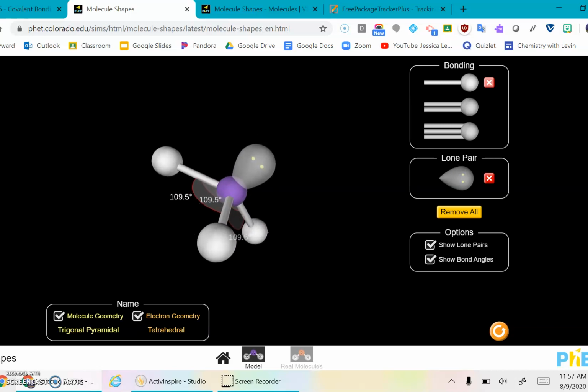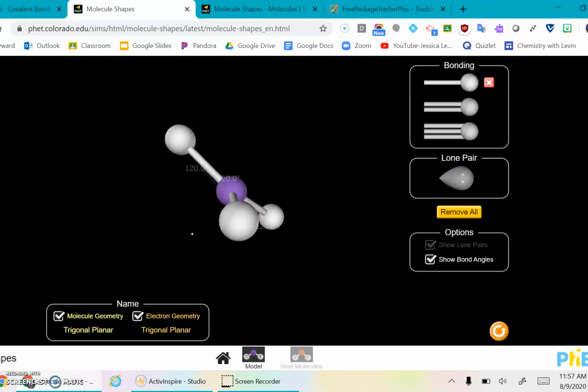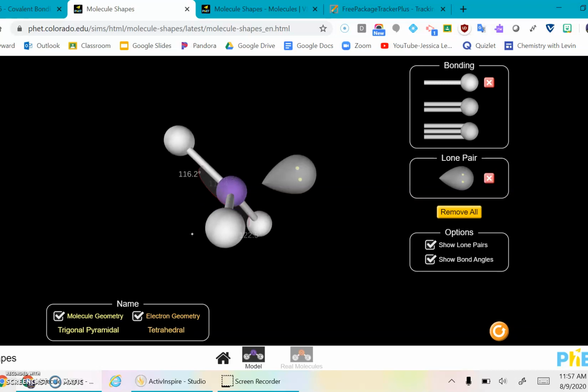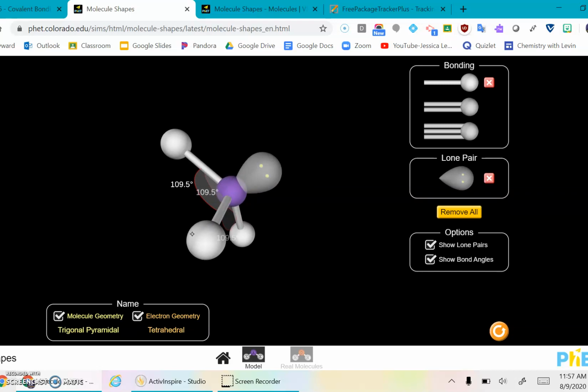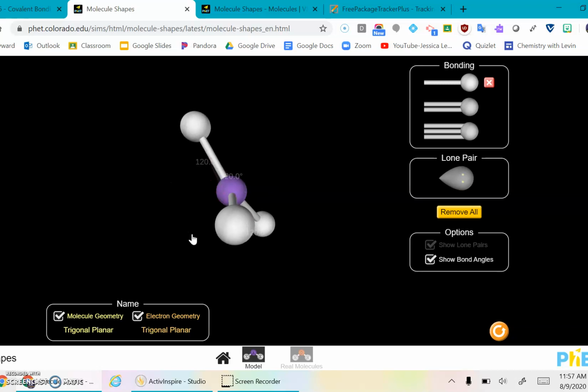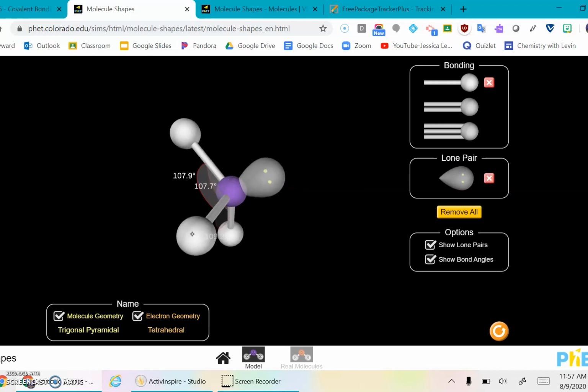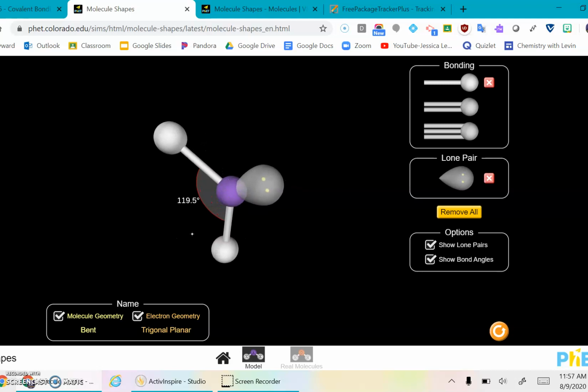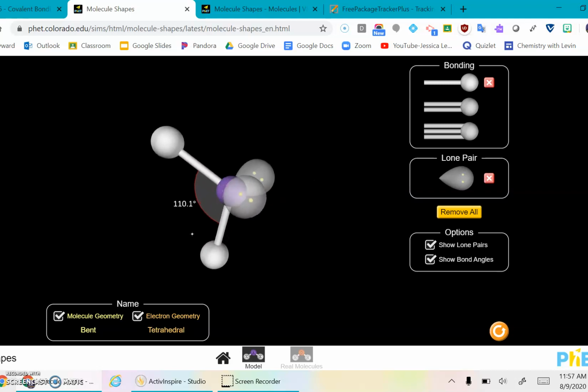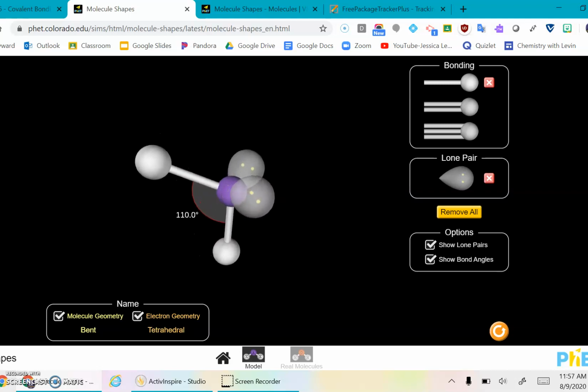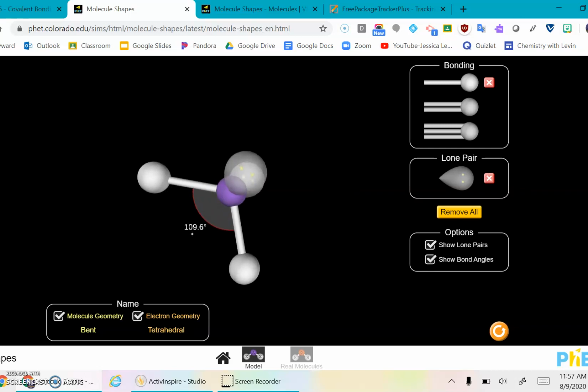If you didn't have the lone pair, they would all be in the same plane. But when you do have the lone pair, it repels these pairs down and changes it from a planar to a pyramid. So watch that again. Planar becomes pyramid. Now if I get rid of one of these other bonds and add another lone pair, notice it is not linear. It is bent.